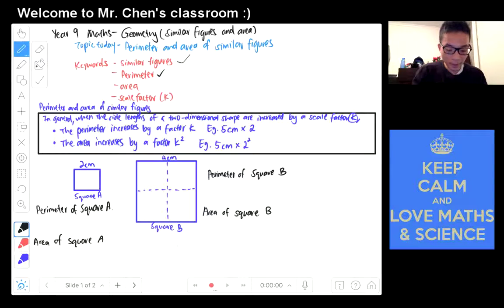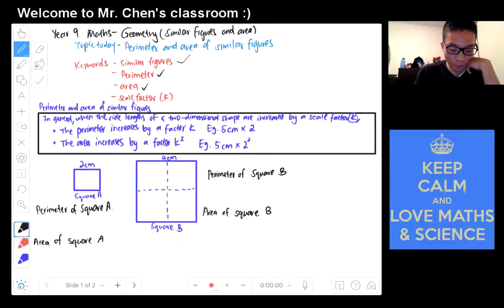And area, we all know what area is. Area is pretty much the total coverage of the inside, the whole calculation of the whole shape, for example a circle or rectangle.